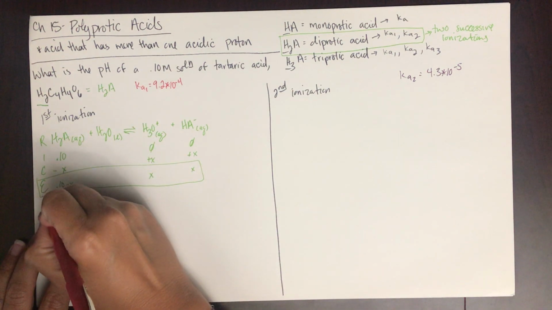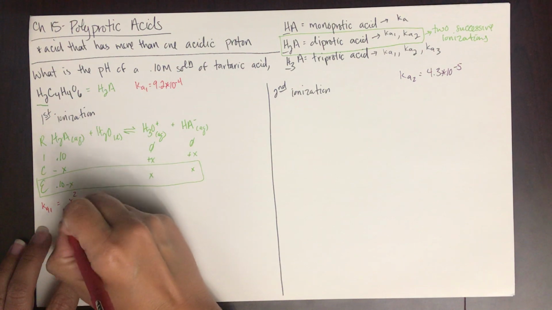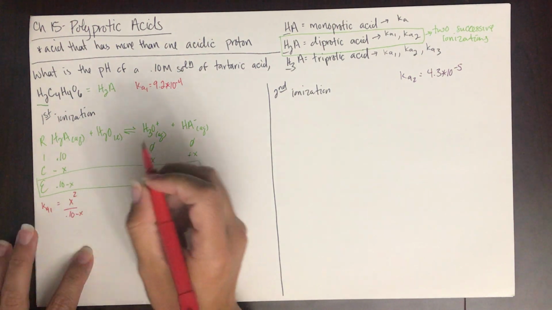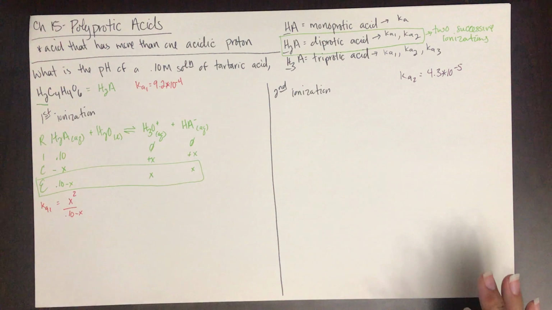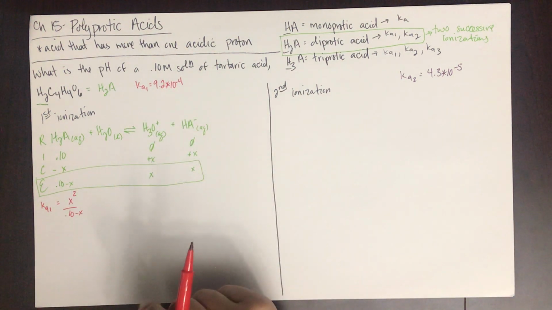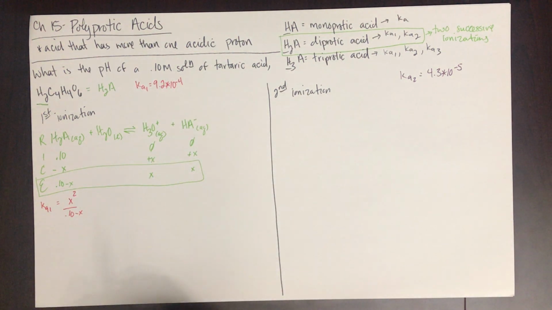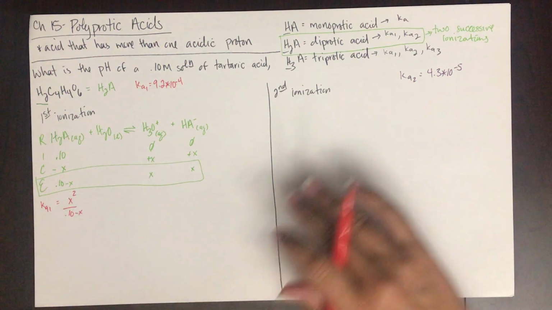We'll say Ka1 equals x times x, so x squared over 0.10 minus x. Let's look at the simplifying assumption to see if we don't have to use the quadratic formula. The simplifying assumption says if the ratio of the initial concentration to the Ka is greater than 500, then we can just get rid of that x and assume it is negligible.